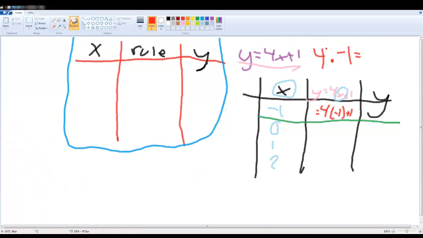Okay, I can do this in my head. The answer is going to be a negative. Multiply 4 by 1, and that would be a negative 4. So negative 4 is that answer, and then erase it. Then you get this left, plus 1.